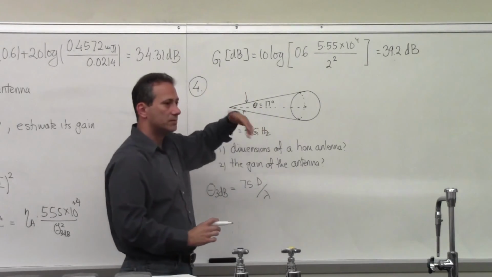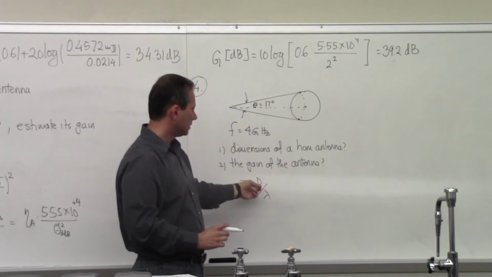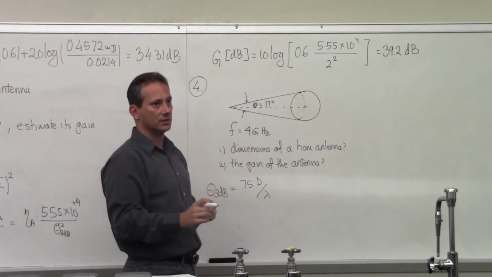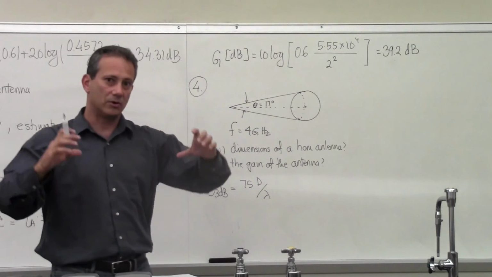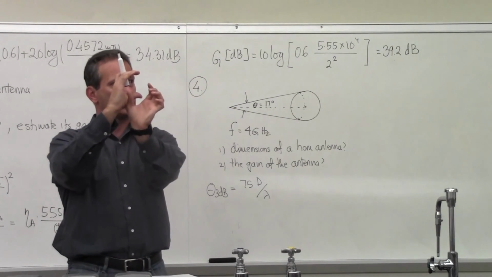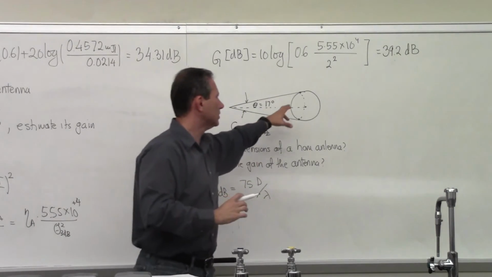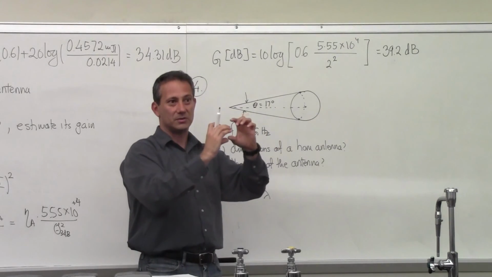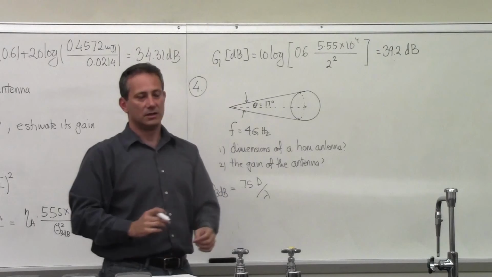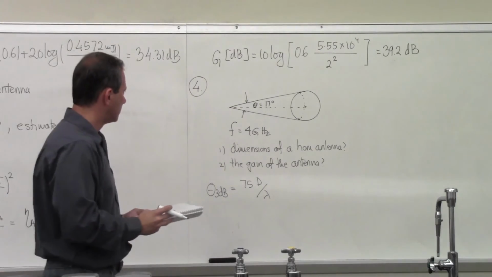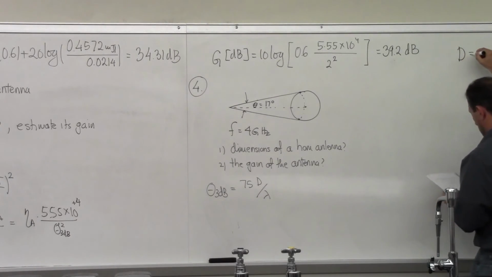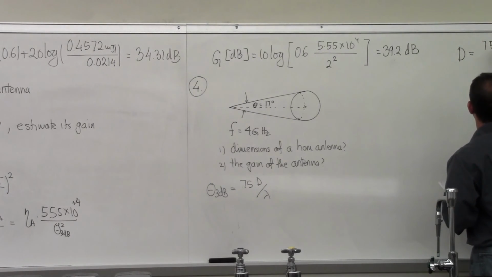Your coverage objective is a circle, so the appropriate D in this equation is essentially the diameter of that circle. We'll look at some problems where your objectives are not circles. If you want to focus on portions of this view, then that is not necessarily always a circle. Sometimes it is, but a lot of times it has a different geometrical profile. So from here, I can easily calculate D as being 75 lambda over delta 3 dB.